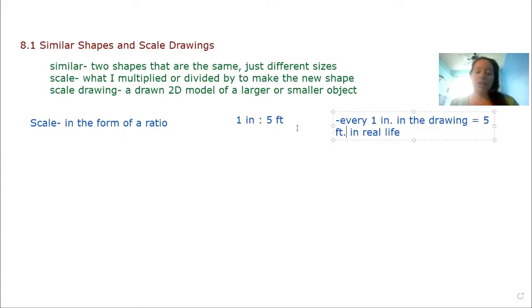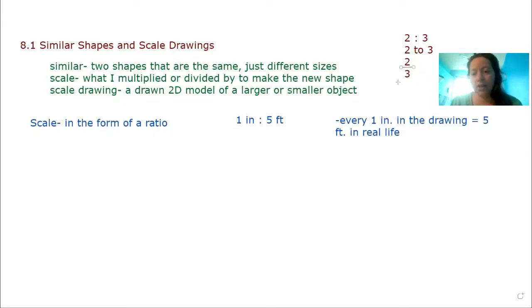Now, I will remind you, ratios can actually be written in 3 forms. Let me put it over here on the side. The first form is 2 to 3, that's the one that I just had. However, I could also write this as 2:3, or I could write it as 2 over 3, as a fraction.